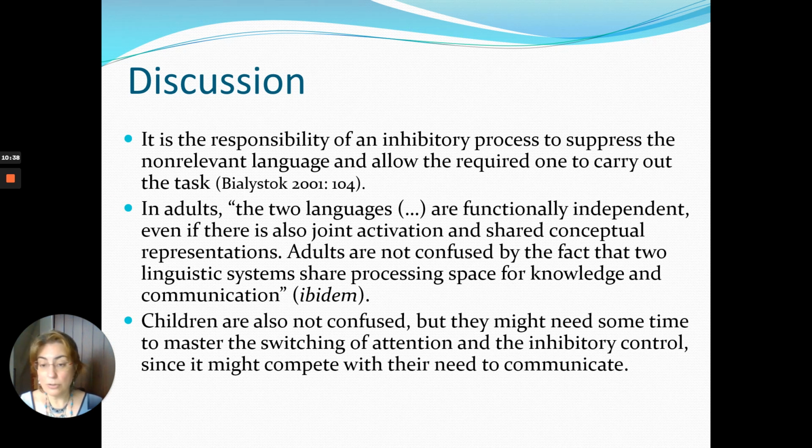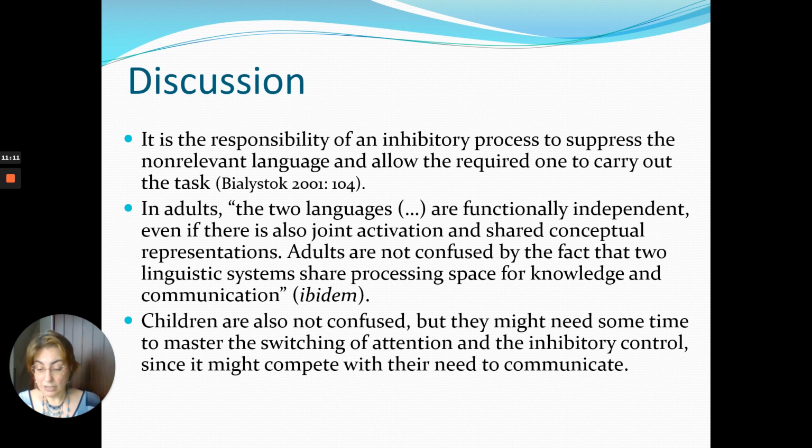Well, children are also not confused. But it's true that they might need some time to master the switching of attention and the inhibitory control, since it might compete with their need to communicate. So children might not master the inhibition so well, and we know it because inhibition is very difficult for children, more than for adults, and it's also developmentally dependent, and it also depends on personality and so forth, right?